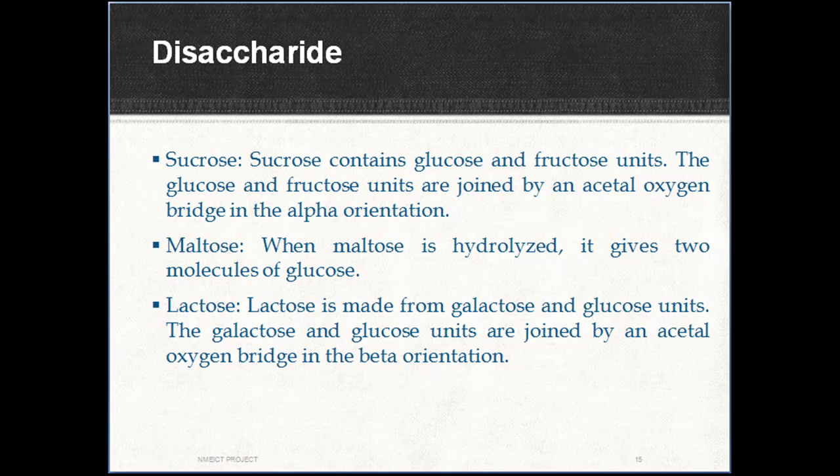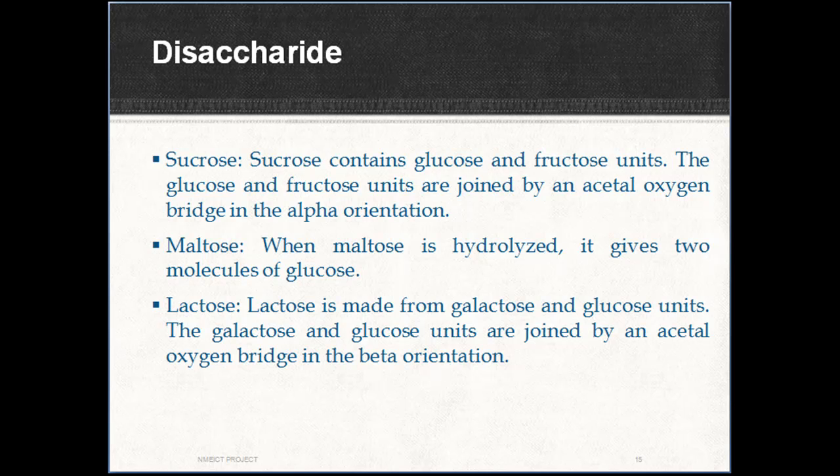Another example of disaccharide, lactose. It's from the Latin word lact, a disaccharide found in milk which contains glucose and galactose. Lactose or milk sugar occurs in the milk of mammals, 4 to 6% in cow's milk and 5 to 8% in human milk.